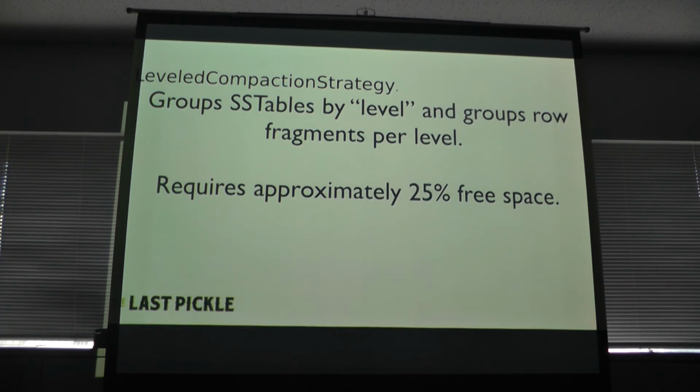As Jonathan was saying, this groups SSTables by level, and inside a level groups together the row fragments so that your row only appears in one SSTable. This requires approximately 25% free space, so it can be more efficient. However, it uses approximately twice the disk I/O, and so should only be used when you're sure that you need it and you've got enough disk performance.